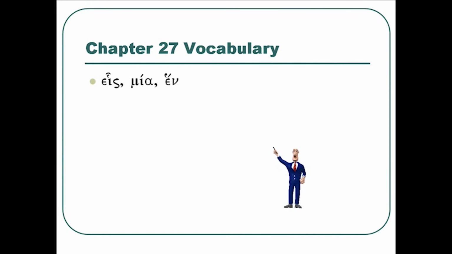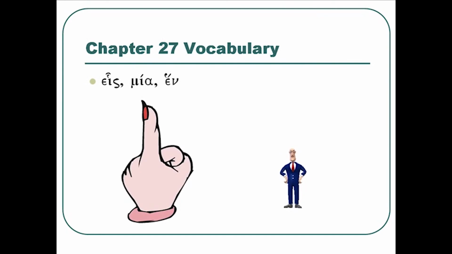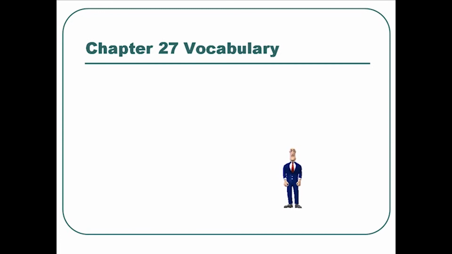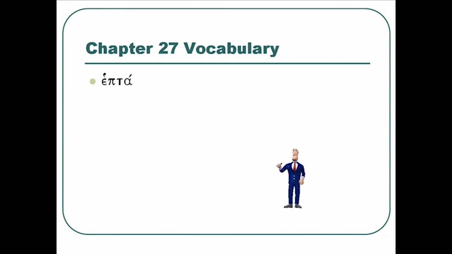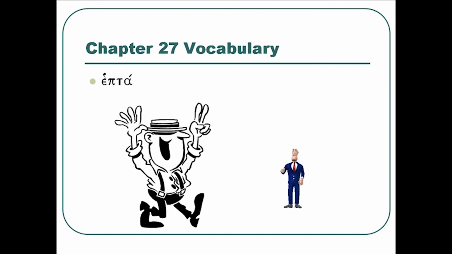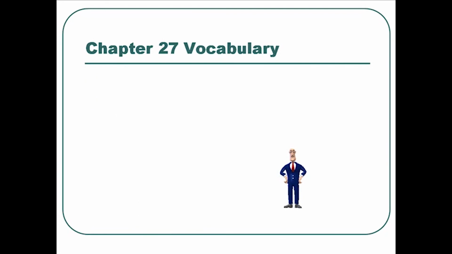The third word is heis, mia, hen, and it means one. The fourth word is hecaton, and it means 100. The fifth word is hepta, and it means 7.